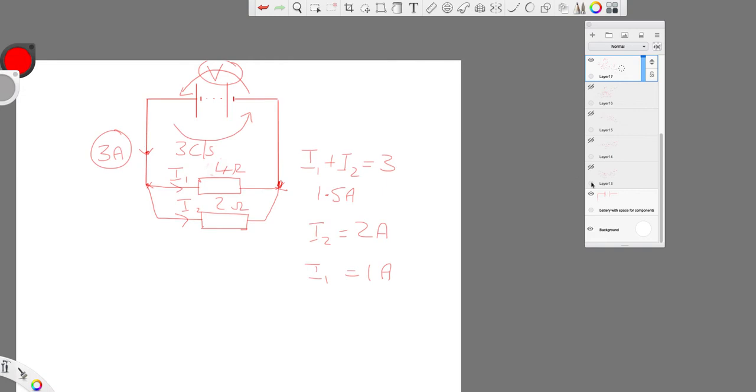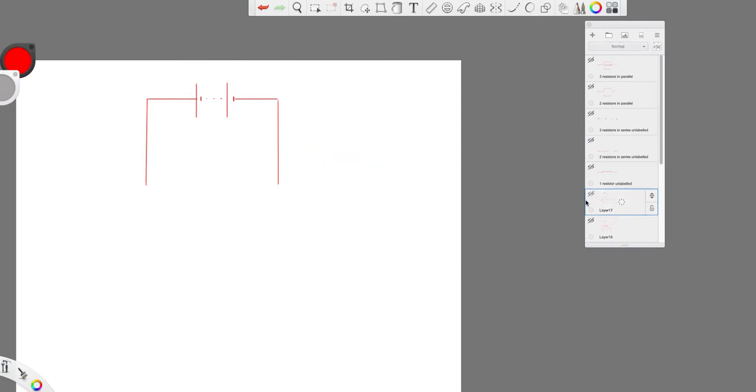So, we have talked about what we mean by current. We have talked about what we mean by potential difference. We have talked about what we mean by resistance. Now let's look at some figures. Let's say we have 12 volts.